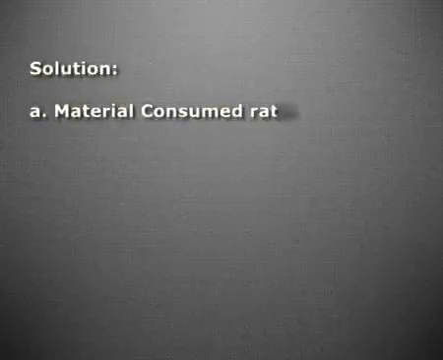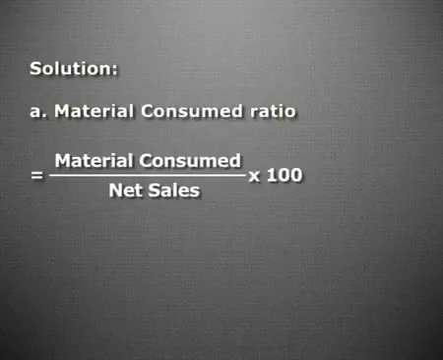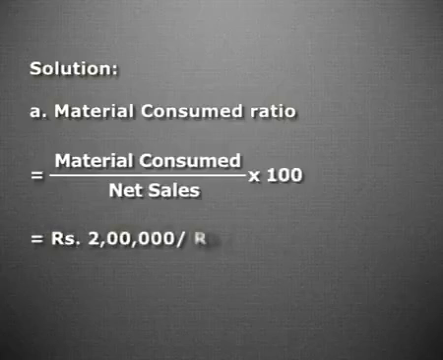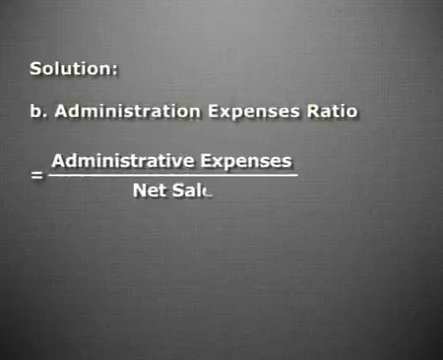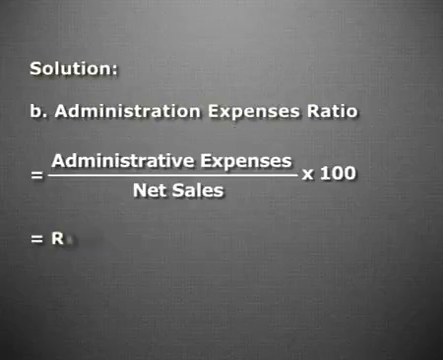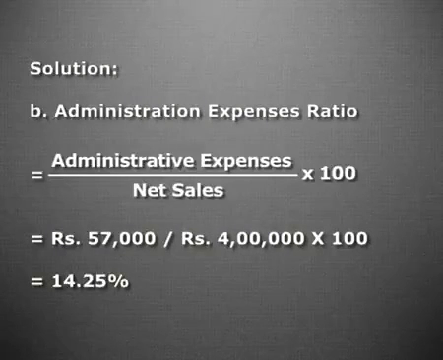Solution. A. Materials consumed ratio is equal to materials consumed divided by net sales into 100, which is equal to rupees 2 lakhs divided by rupees 4 lakhs into 100, which is equal to 50%. B. Administration expenses ratio is equal to administrative expenses divided by net sales into 100, which is equal to rupees 57,000 divided by rupees 4 lakhs into 100, which is equal to 14.25%.